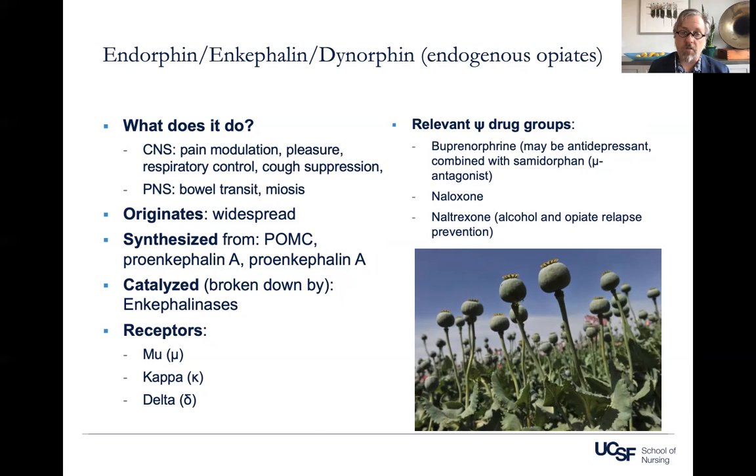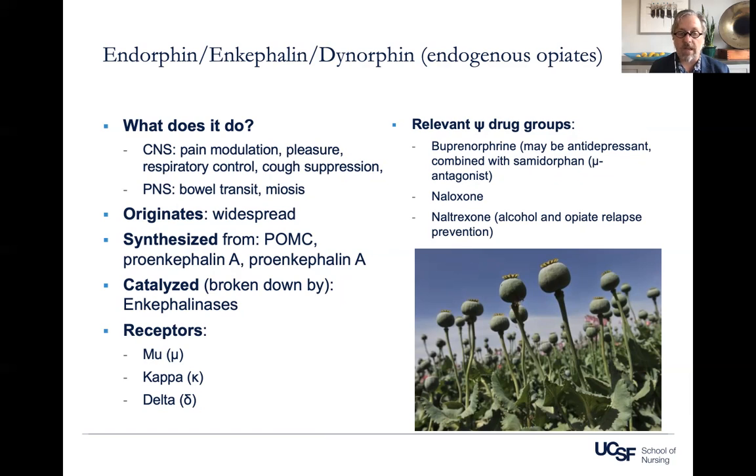They also suppress cough, which is why codeine is such an effective cough suppressant. But we also have these same receptors in the gut, which is why we get constipated with opiates in our bowels because of those bowel opiate receptors. So it's widespread throughout the body.